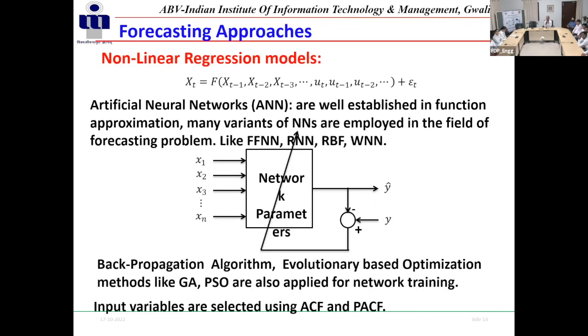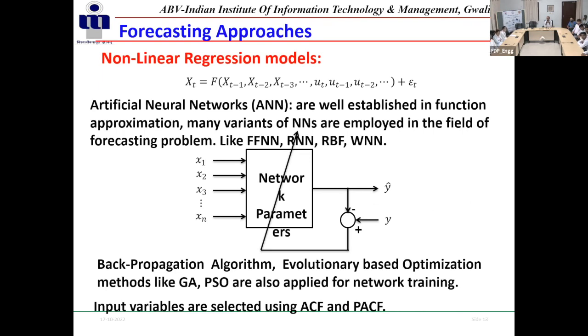The nonlinear regression model is the neural network model, and there are a variety of neural network models: feed-forward neural network, radial basis neural network, recurrent neural networks, wavelet neural networks. The parameters are also tuned, because we are updating all the time. Once there is an error, we keep on training these algorithms using genetic algorithm and particle swarm optimization.